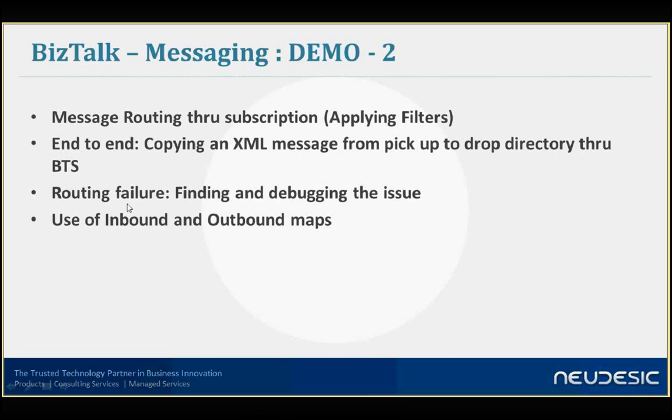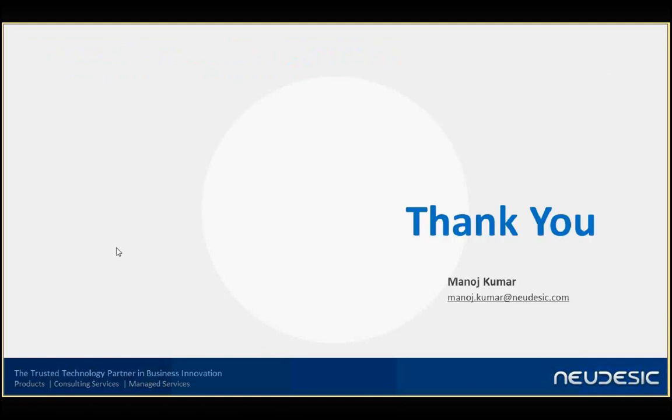Then we checked if any problem occurs, routing failure problem, how to debug it. We checked inbound or outbound mapping, and we applied mapping, and then we got a message transformed. So this is a basic introduction to BizTalk messaging.